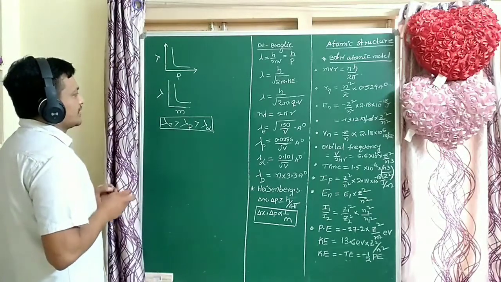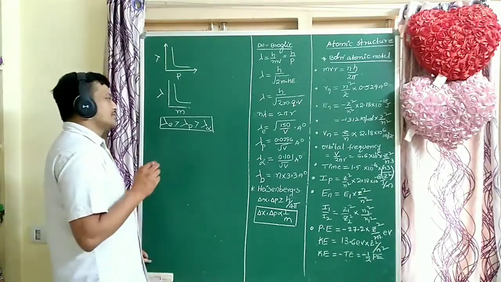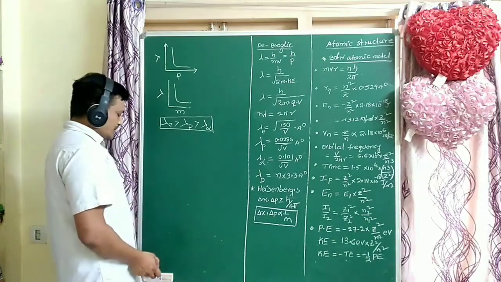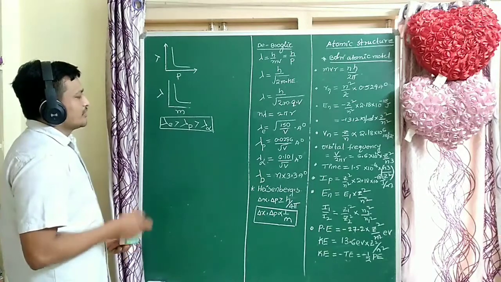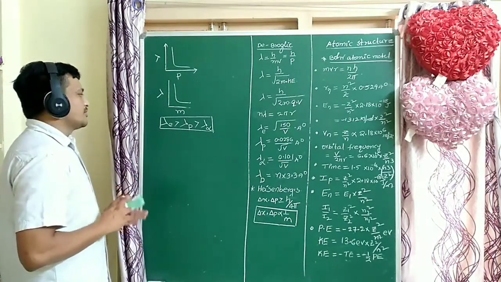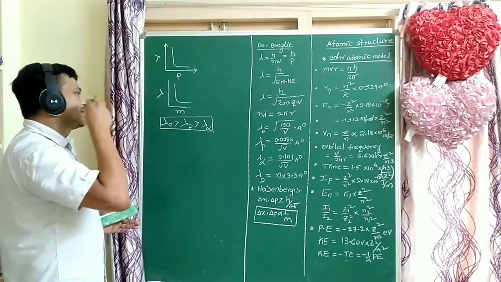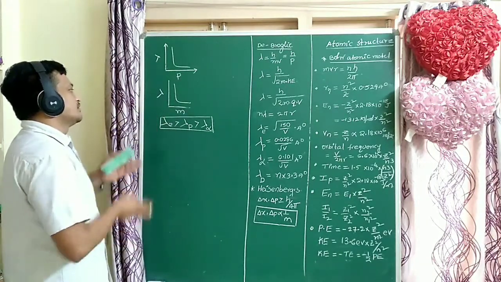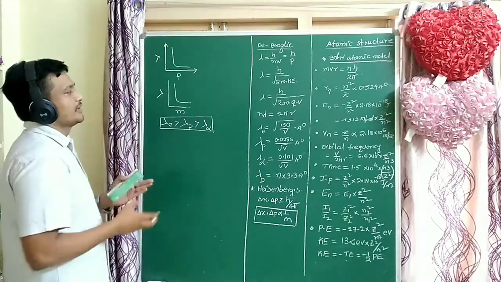De Broglie explained the dual nature of matter. These relations are applicable to microparticles, where the wavelength is otherwise negligible.